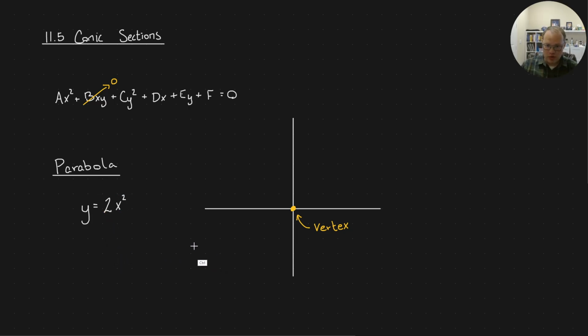And then the y becomes 2. So this tells you if you go 1 unit away from the vertex, how far up are you going? Okay, so 1 unit away, I'm going up 2. So if I go to the right 1, I go up 2. If I go left 1, I go up 2. Okay, and we get this sort of U shape.